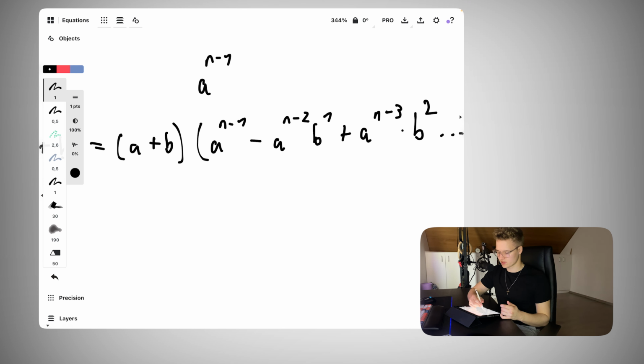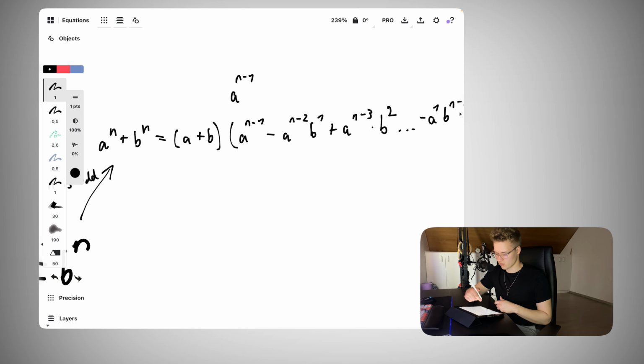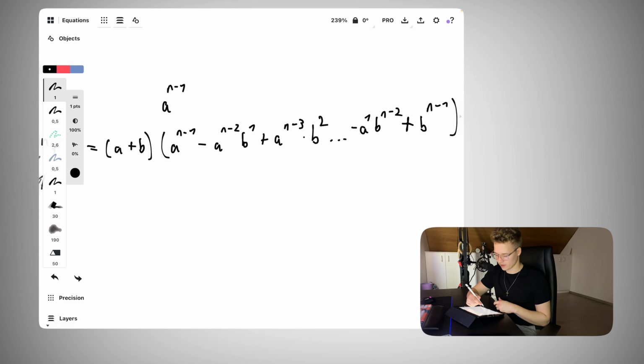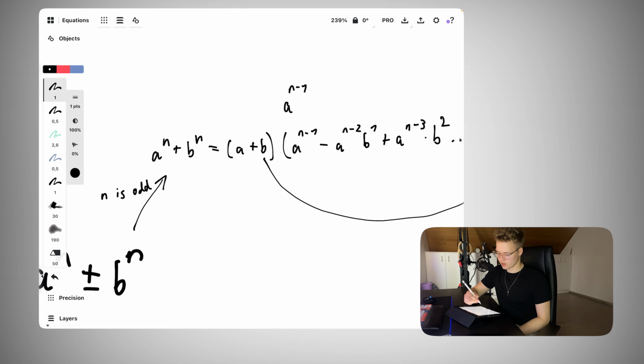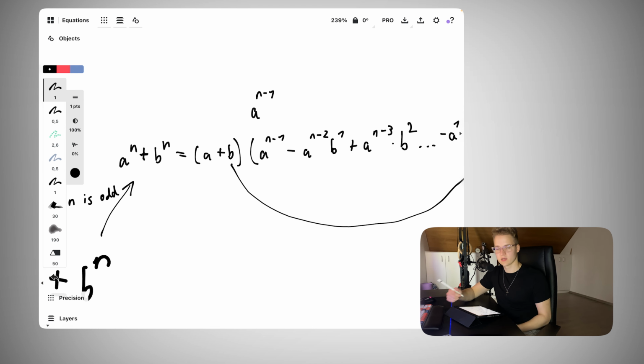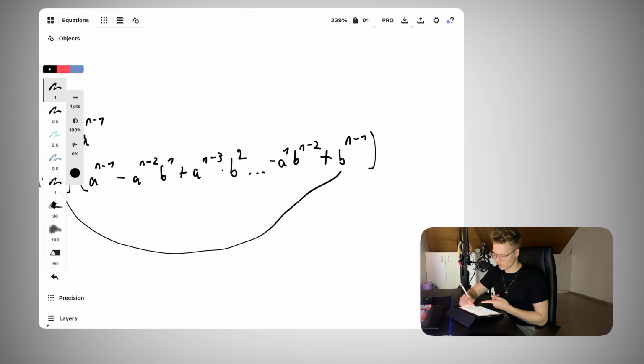This is the term that has the highest power of b, so when we multiply it with this b, we have to get b to the power of n. So this would be b to the power of n, and because this one has a plus sign, it has to be positive, so the one before it has to be negative.